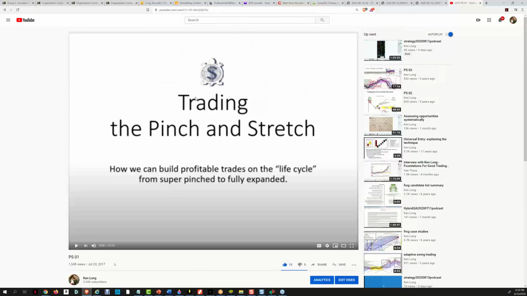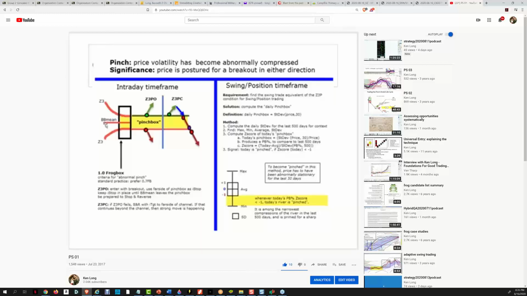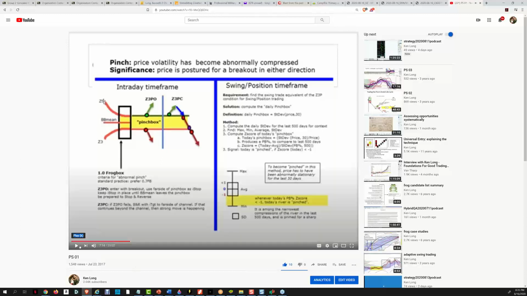And it talks about the expansion and contraction of price as described by those moving regression lines. Very powerful. How we think about the extreme pinches and how we measure those on intraday versus swing trading positions. So all that's in the hybrid course and the swing trading course for you. That's fundamental.